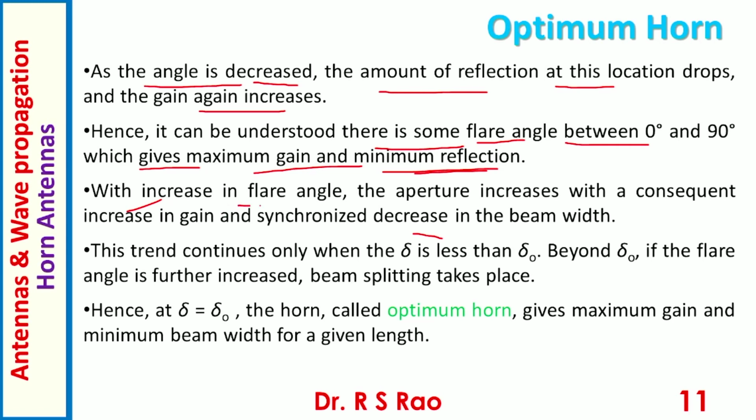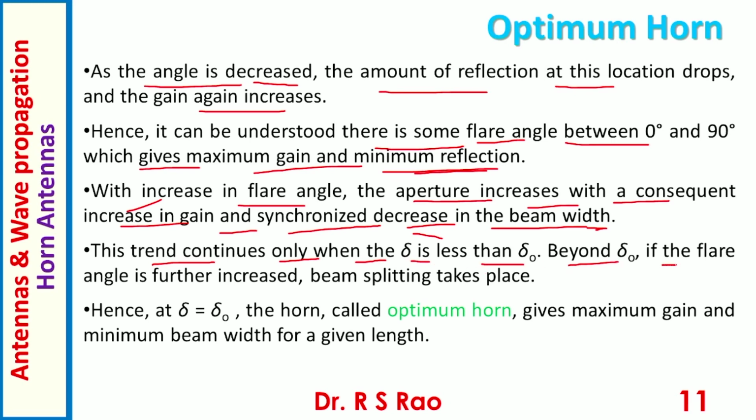With the increase in flare angle, the aperture increases with a consequent increase in gain and a synchronized decrease in the beam width. So till now our focus is on gain. With increase in flare angle, gain increases, but beam width decreases. This is an advantage. This trend continues only when delta is less than delta naught.